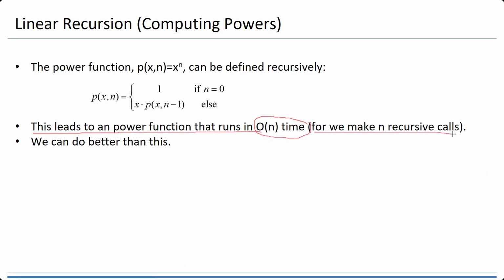So we make n recursive calls. So we will do this n times. So we can do better than this. What does it mean? We can reduce the number of operations. We don't need to do it until n times.